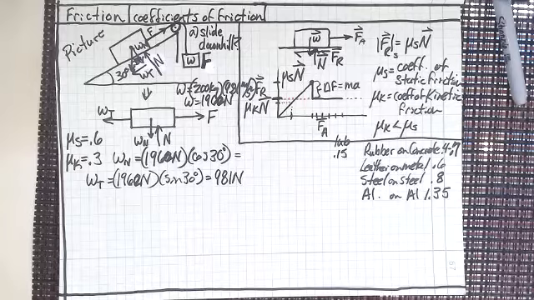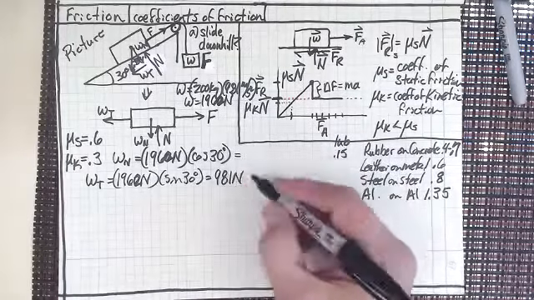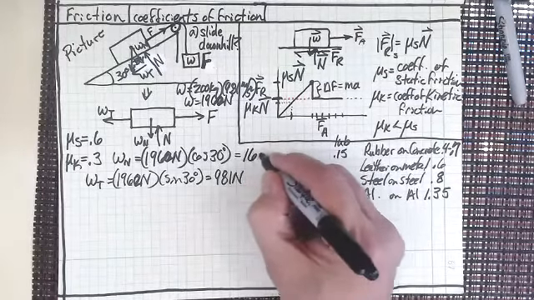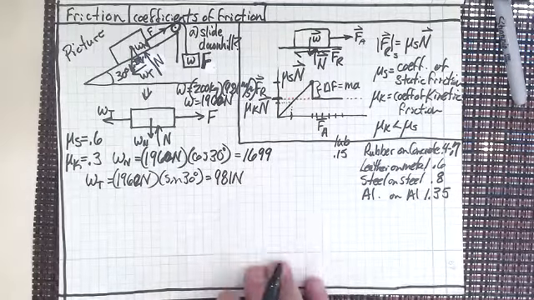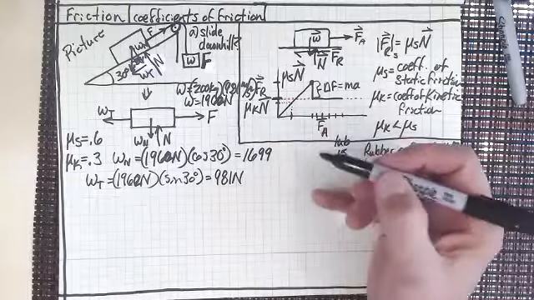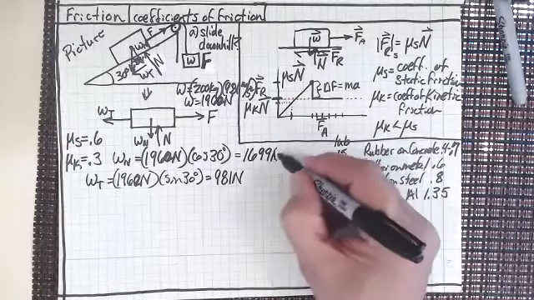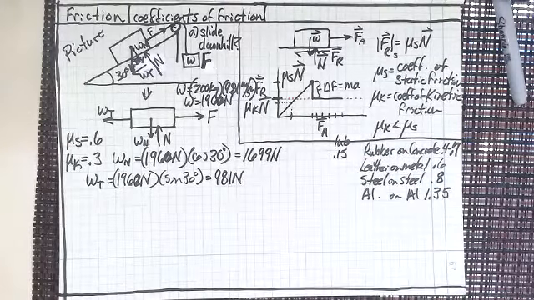Okay, 1962 times the cosine of 30 degrees is 1699. So I better just go with my original working out of the problem and not cut any corners here. So that's 1699 newtons. And then W sub t is 981 newtons.